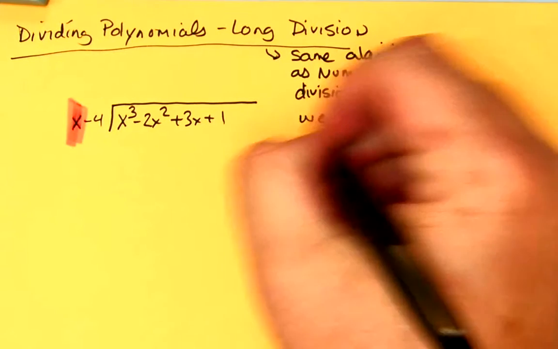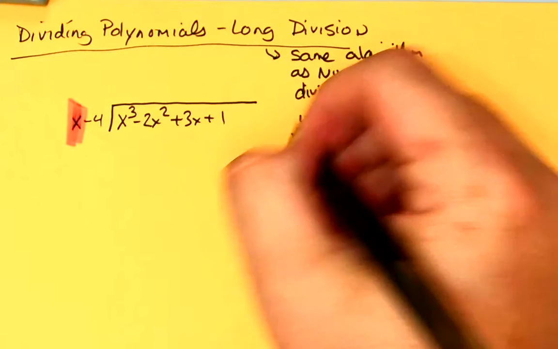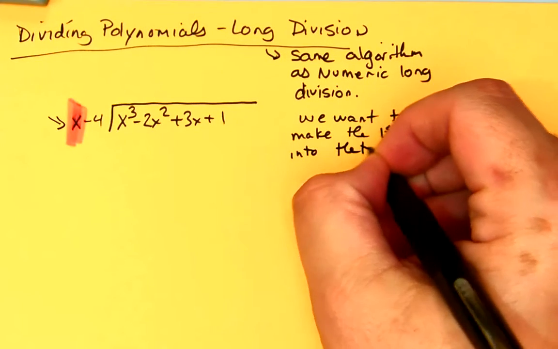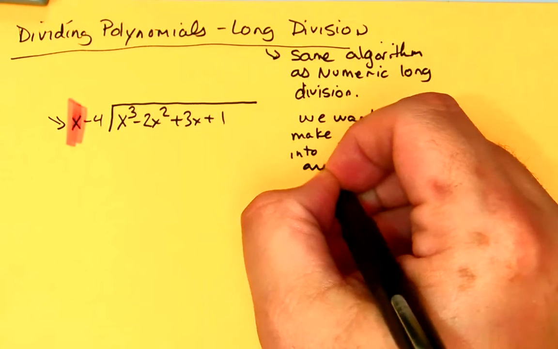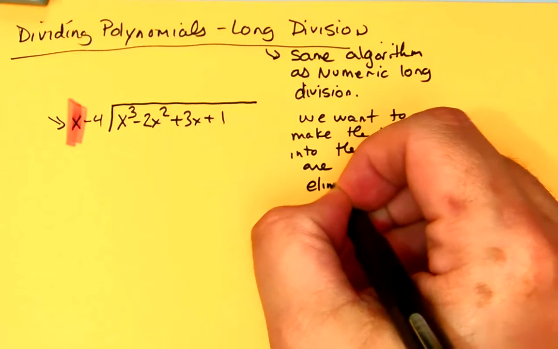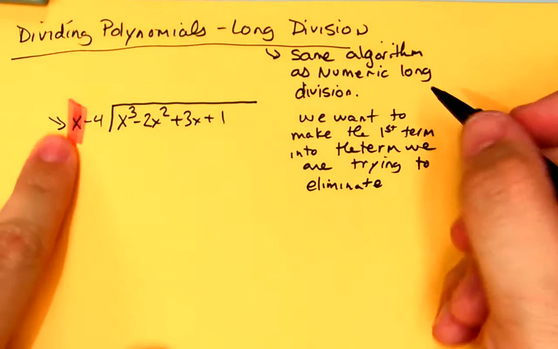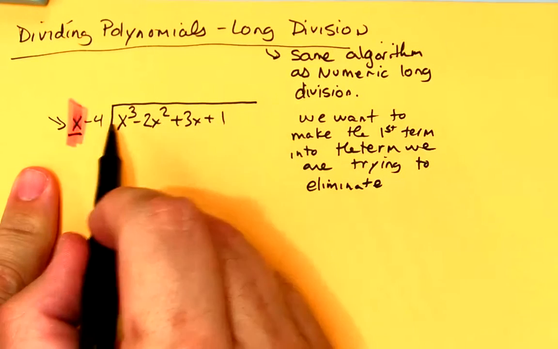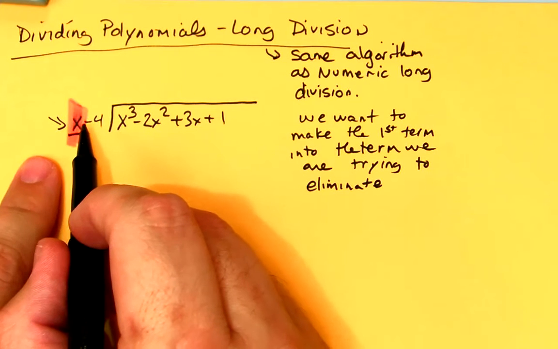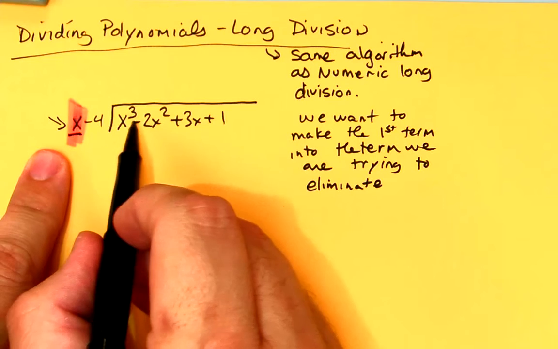We want to make it into the term we are basically trying to eliminate. This term is going to attack the different terms, as long as you can multiply something times this term and make it into these terms.